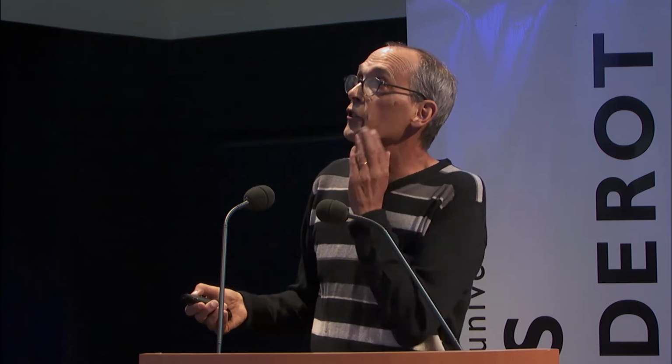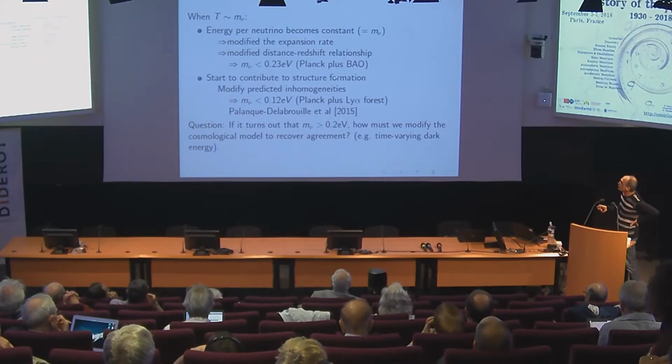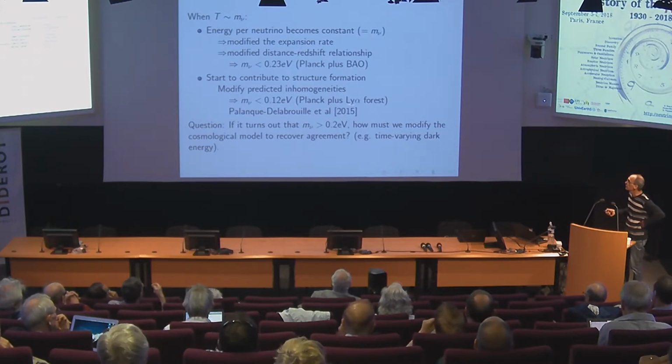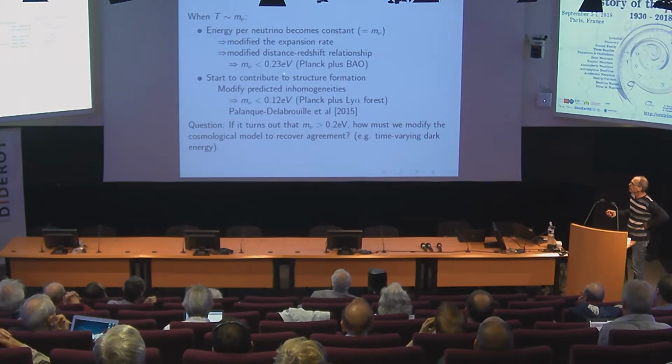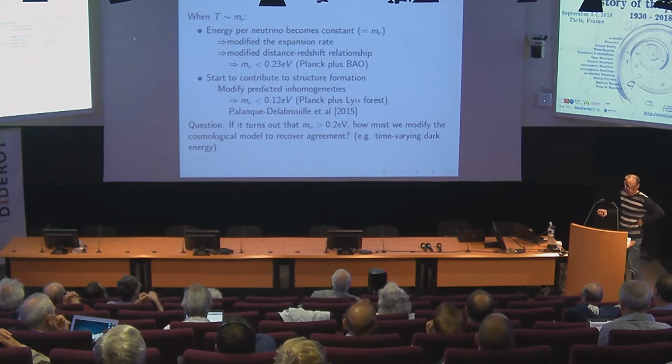Now, the other thing is that neutrinos start to contribute to structure formation, because all of a sudden something that didn't clump, a massless or relativistic neutrino, can now, as soon as it becomes non-relativistic, start participating in the formation of structure. And here it becomes a little more complicated to calculate.